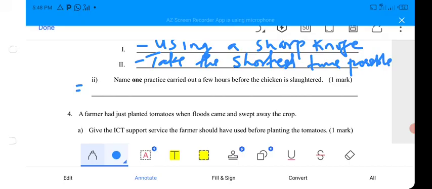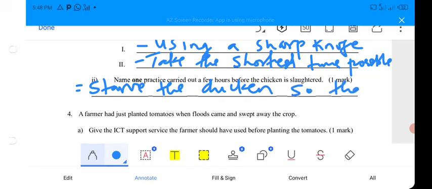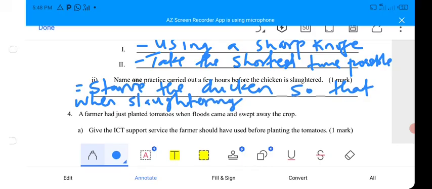Starve the chicken so that when slaughtering, the guts are clean. Starving ensures that there's no food in the digestive tract, so the guts remain clean.